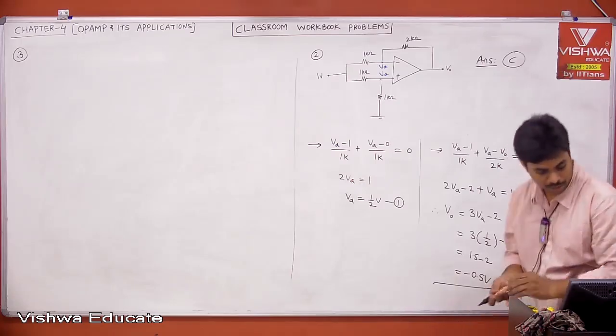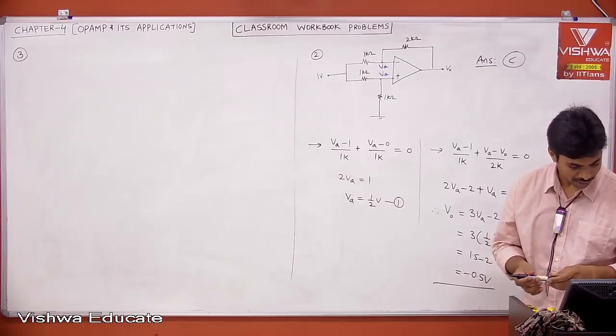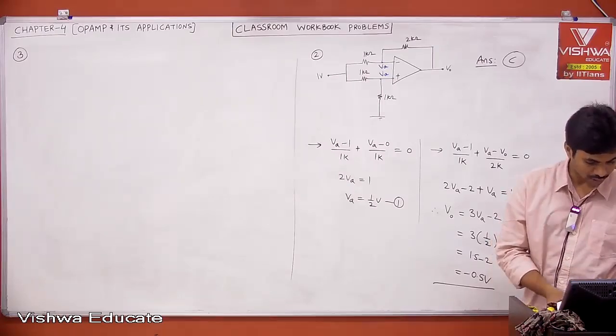Okay. Problem number 3. In the circuit shown below, the op amps are ideal. Then V out. Okay.